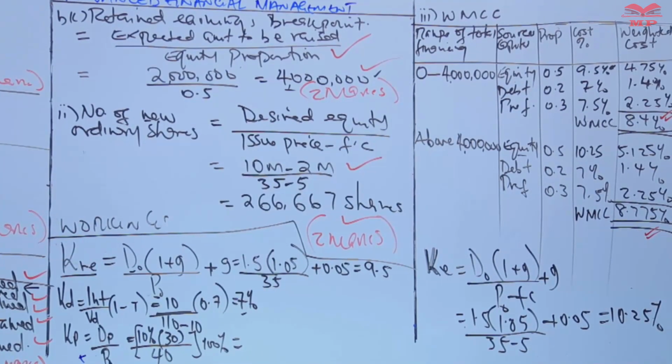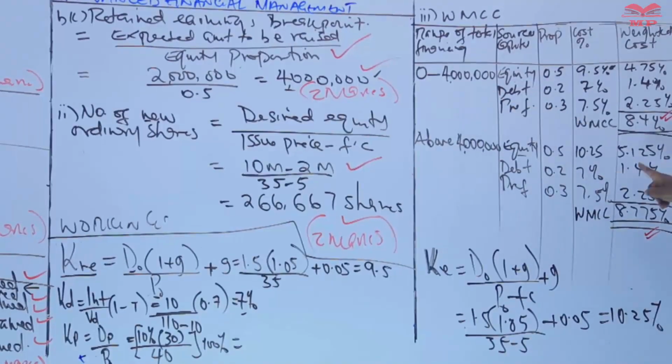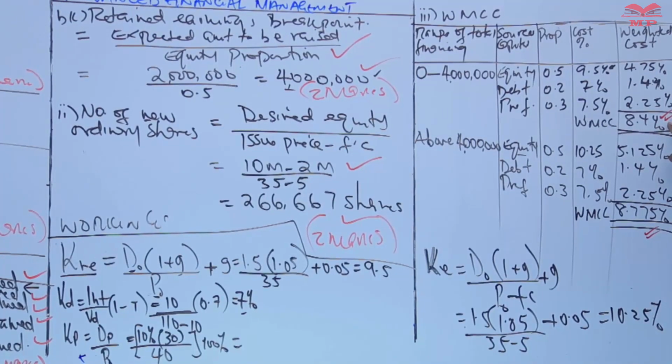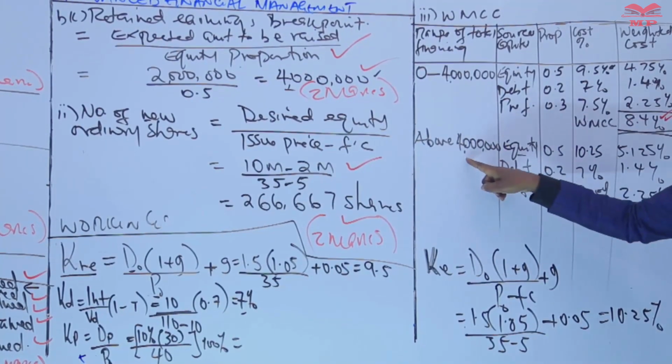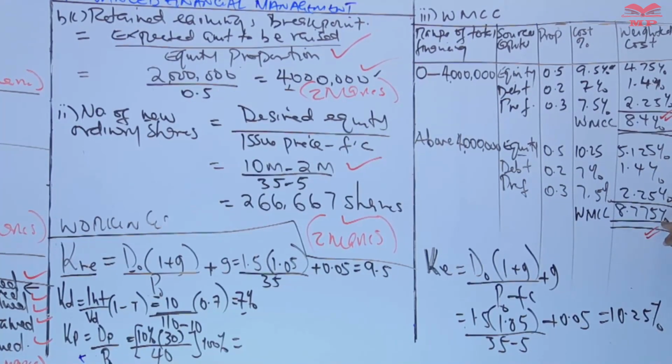So the range of total financing 0 to 4 million, the cost is 8.4%. Above 4 million, the cost is 8.775. This cost is lower below the breakpoint because the company used retained earnings.